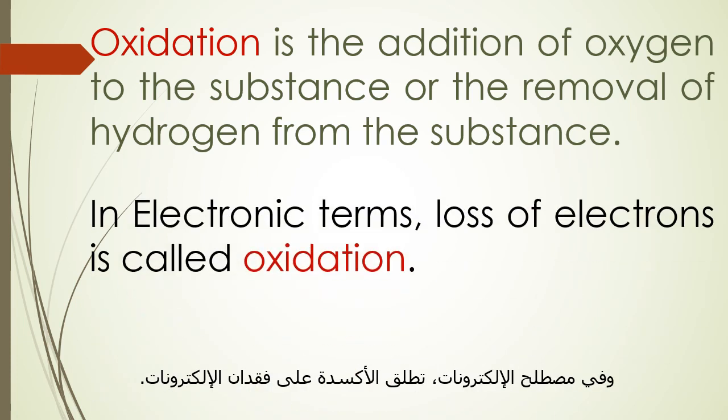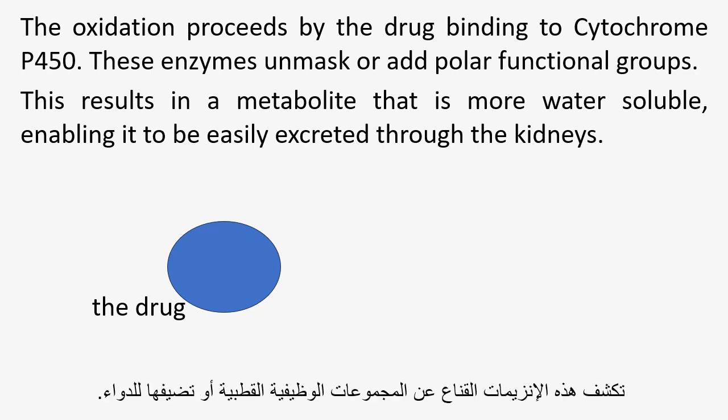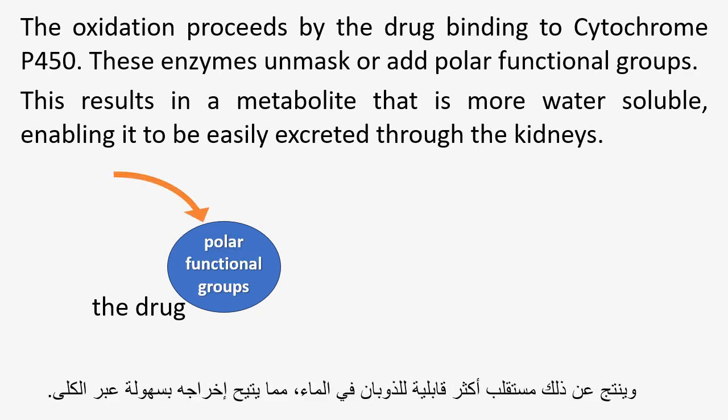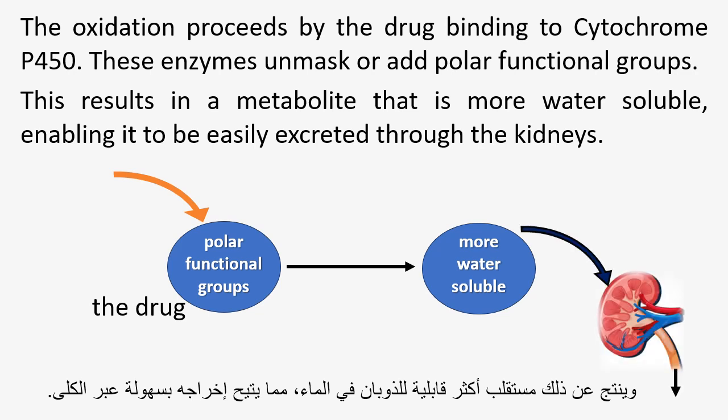In electronic terms, loss of electrons is called oxidation. The oxidation proceeds by the drug binding to cytochrome P450. These enzymes unmask or add polar functional groups. This results in a metabolite that is more water-soluble, enabling it to be easily excreted through the kidneys.